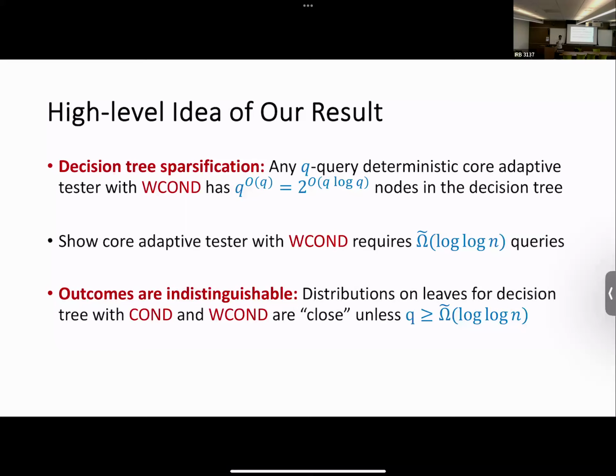So that's how we lift this lower bound from the weaker conditioning model to the COND model.